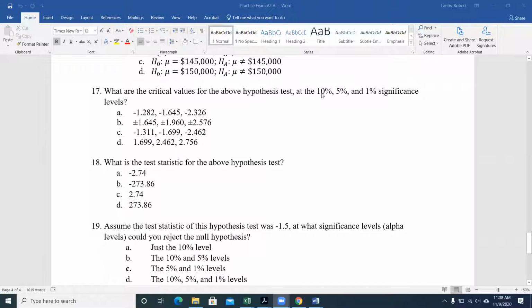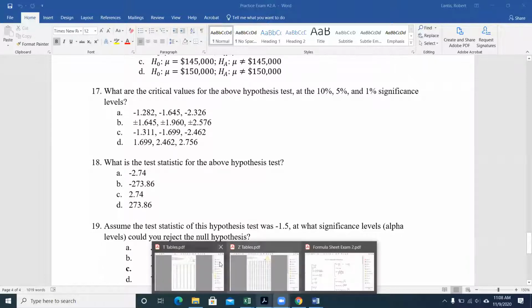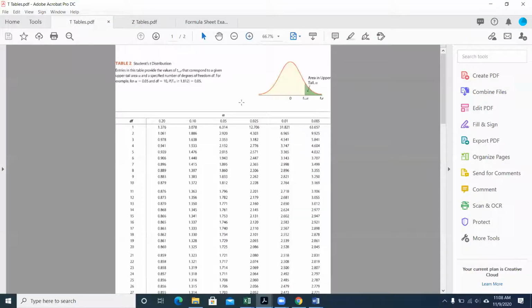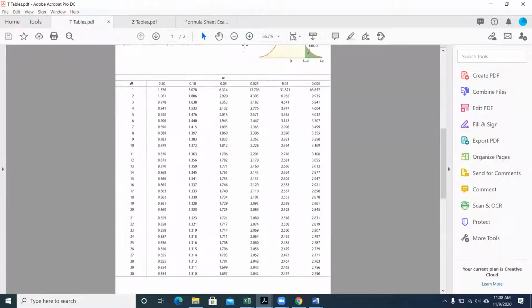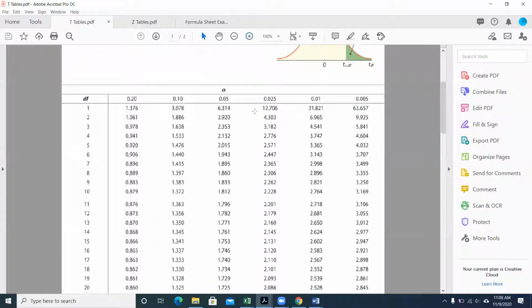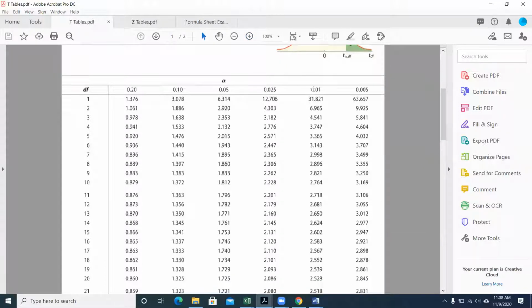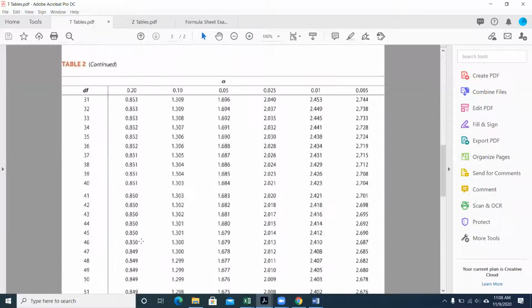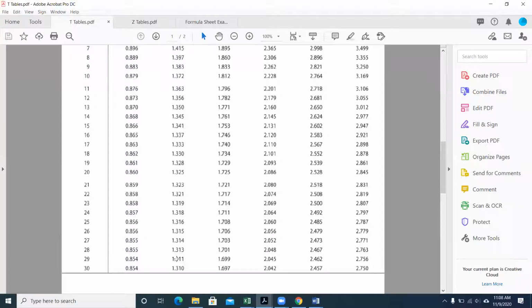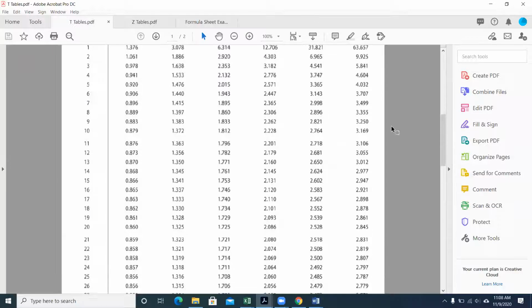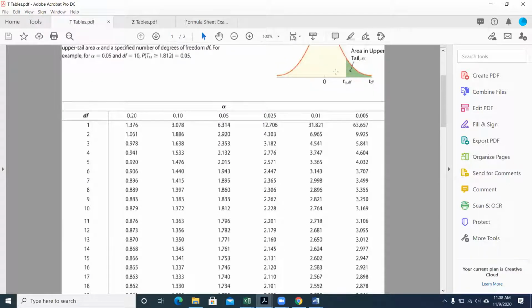We'll think about the alphas that we would have here of 0.1, 0.05, and 0.01. We go to that student t-table at degrees of freedom 29, so it's going to be pretty far down. So 0.1, 0.05, and 0.01 were the three alphas we wanted. We go down to degrees of freedom 29: 1.311, 1.699, 2.462. Now, the one thing we have to remember is those are the values we want, but the student t-table is looking at the right side of that distribution.